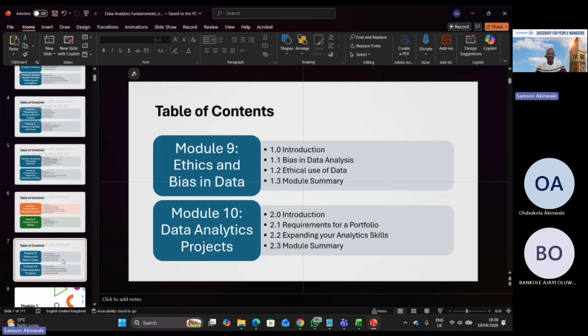Because module 9 is more like some theoretical guidance and principles that has to necessarily be brought to the attention of people dealing with data, which has to do with ethics, bias, governance, and what have you, which is one of the hallmarks of those things that underpin discovery for people managers itself.